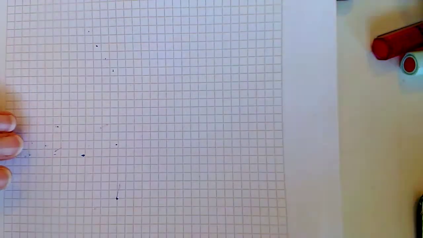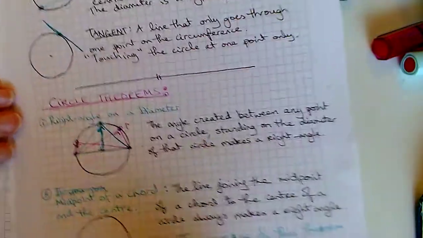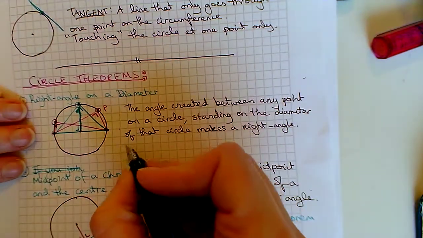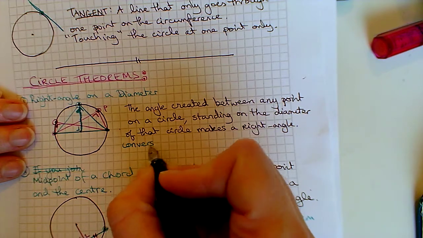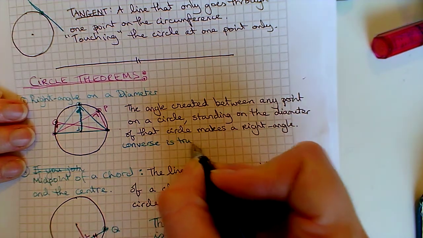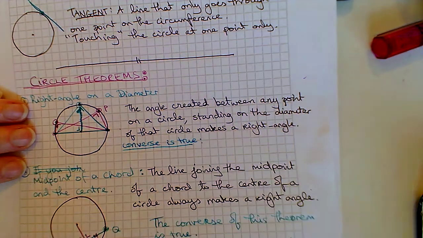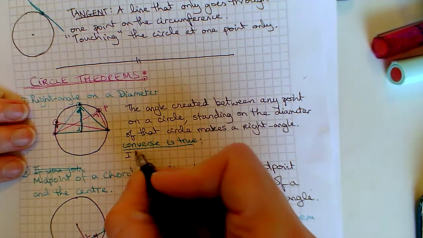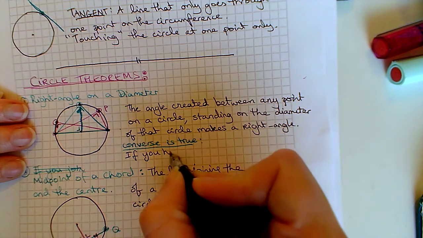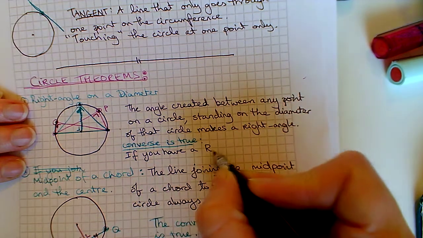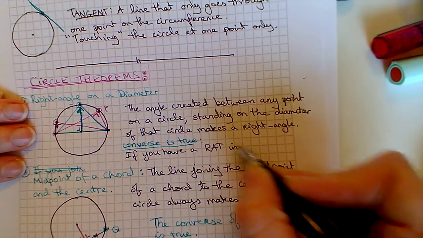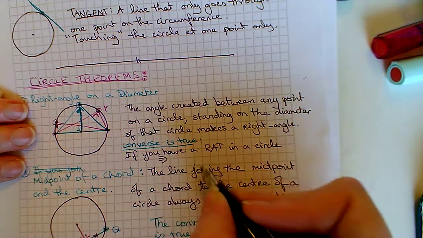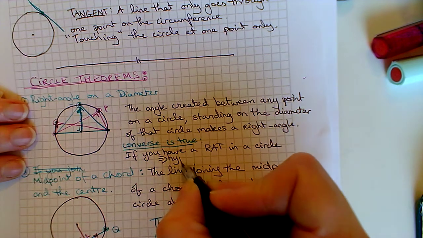Well, we're going to go through a good few examples of them tomorrow. I must just add in, I forgot to state that the converse of the first one is true. The converse is true, which means that if you have a right angle triangle in a circle, the hypotenuse, the longest side, will be the diameter.